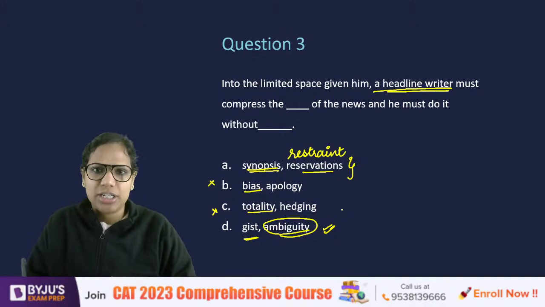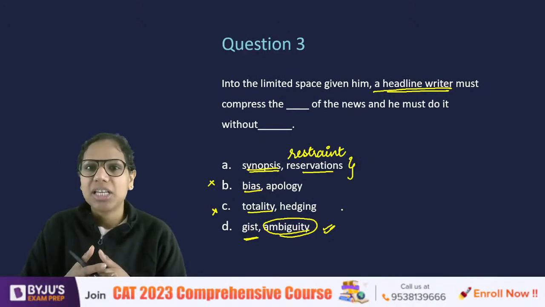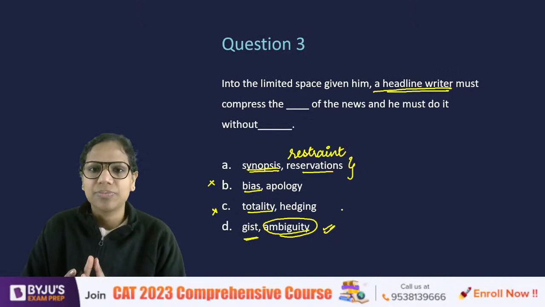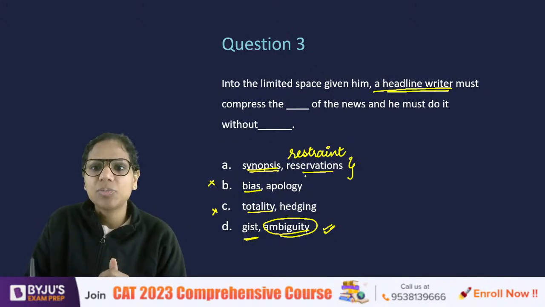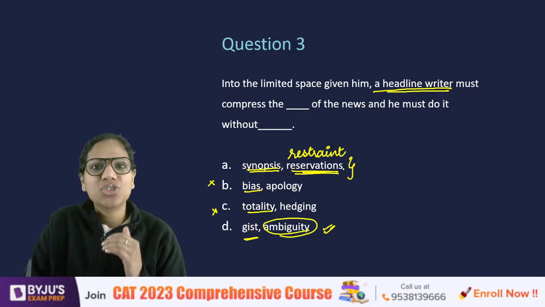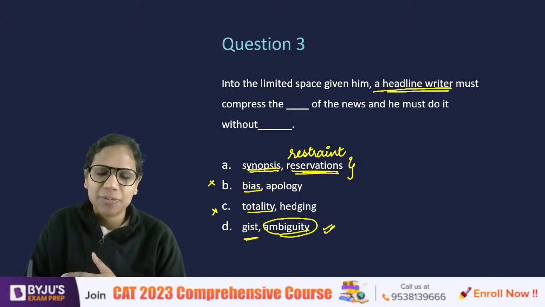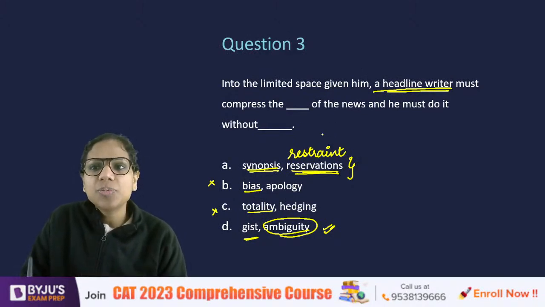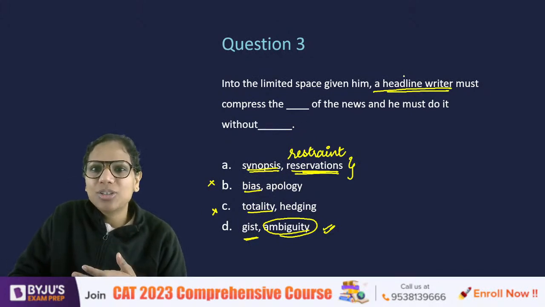Reservation means restraint. So if I say, I have my reservations about this new policy, that means I am not really sure whether it's going to work or not. I'm not really sure whether it's a sound policy or not. Right. So reservations means when you have doubts, restraints, constraints about something. So saying this person must do it without any restraints will rather go against the spirit of reporting.